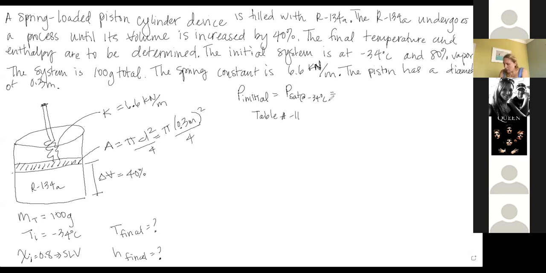When I look up negative 34 degrees Celsius, my saturation pressure from table A11, on page 916 in the 8th edition and page 900 in the 9th edition, is 69.56 kilopascal.